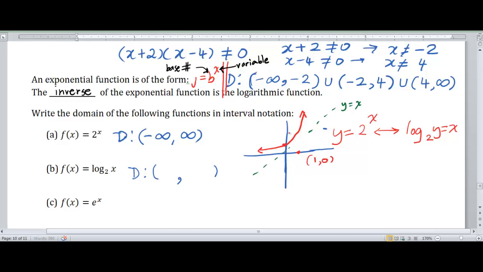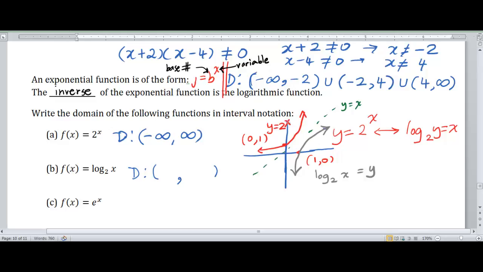Before, this point was 0, 1. And a logarithmic function is going to look like this. So that's log base 2 of x. And this red graph here is 2 to the x. And they're inverses of each other.